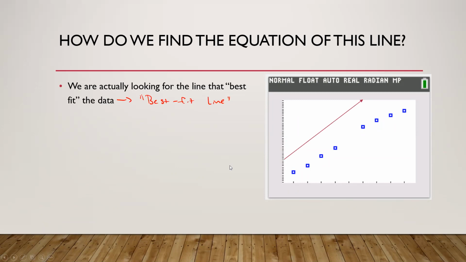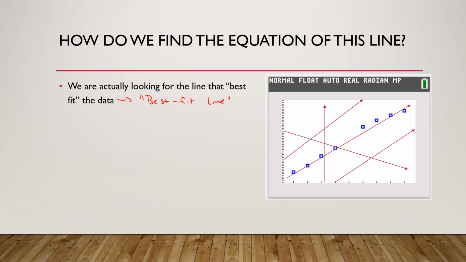Like you could pick that line. Does this line fit the data well? Do you guys think? No, it's terrible, right? Does that one fit the data well? No. How about that one? Nope. Okay, so this one, nope. So this one seems to fit the data well.